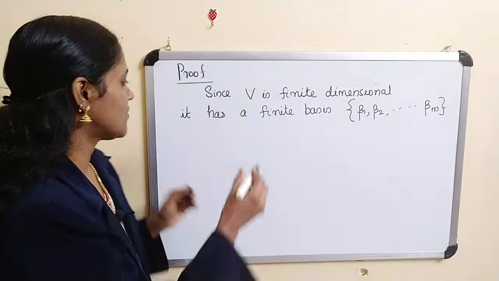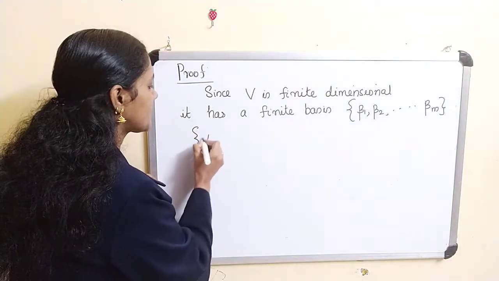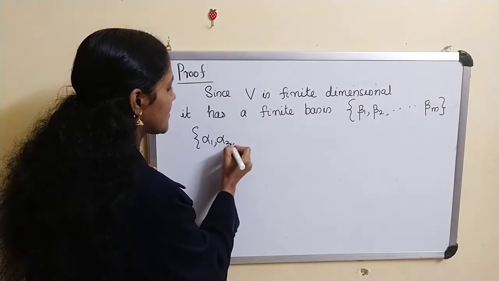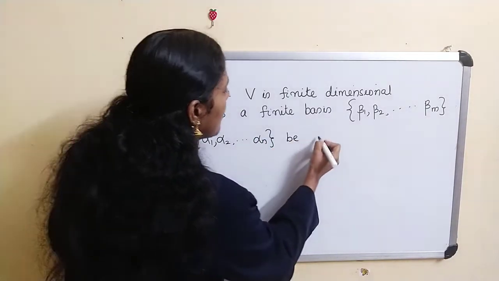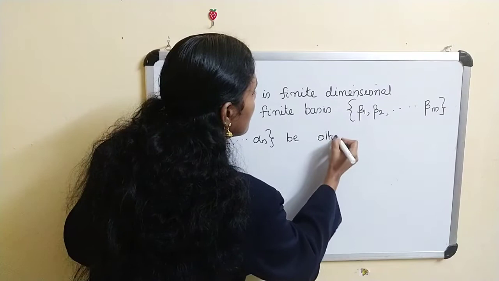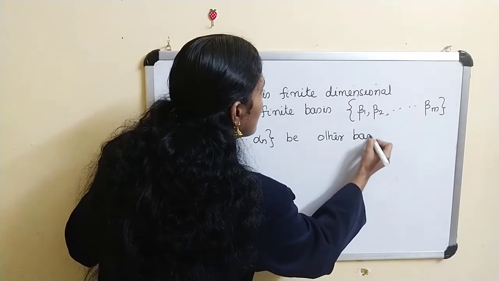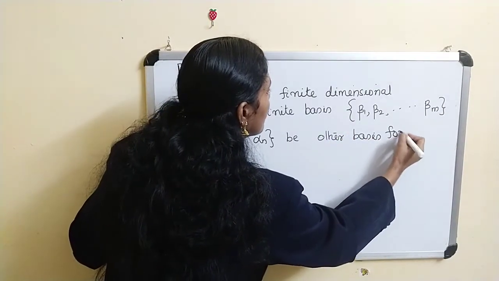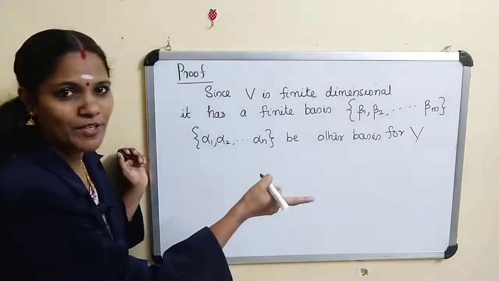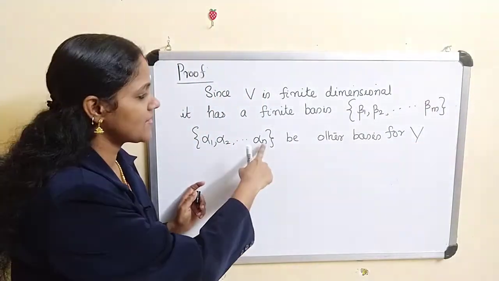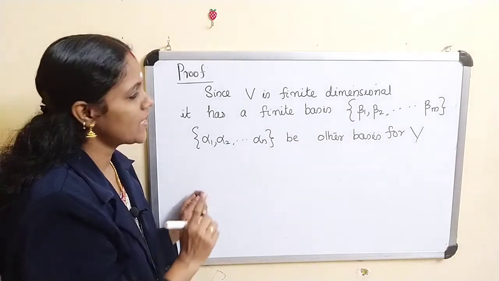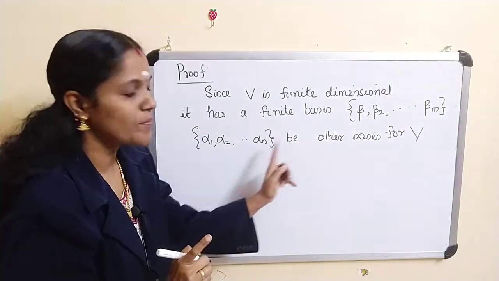Assume that alpha 1, alpha 2, etc., alpha n is some other basis for V. So this is a basis with m elements, and this is also a basis with n elements.